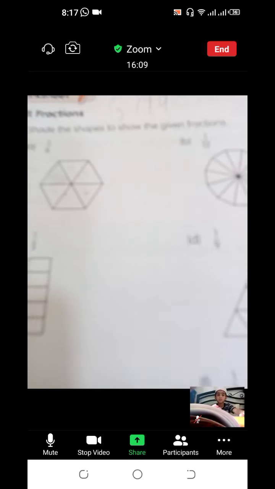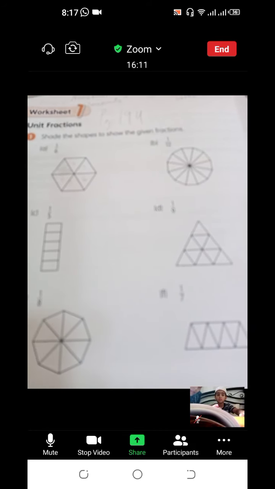Now, is there any problem doing the remaining questions of this page? How will we shade a unit fraction?